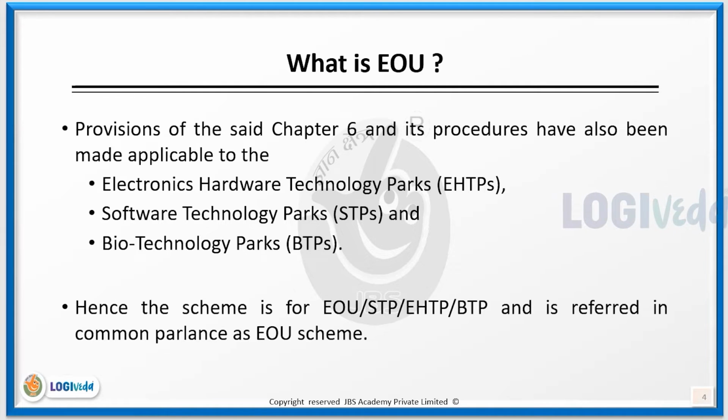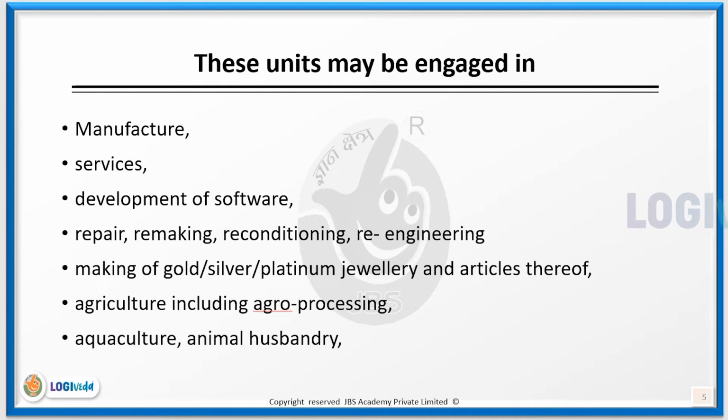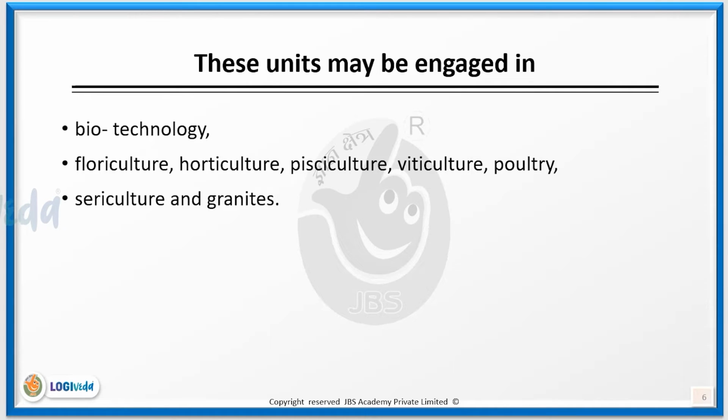These units can be engaged in manufacturing, services, development of software, repair and maintenance, making gold, silver and platinum jewelry and articles, agricultural commodities and processing, or aquaculture and animal husbandry. EOUs can also be engaged in biotechnology, floriculture, and horticulture.